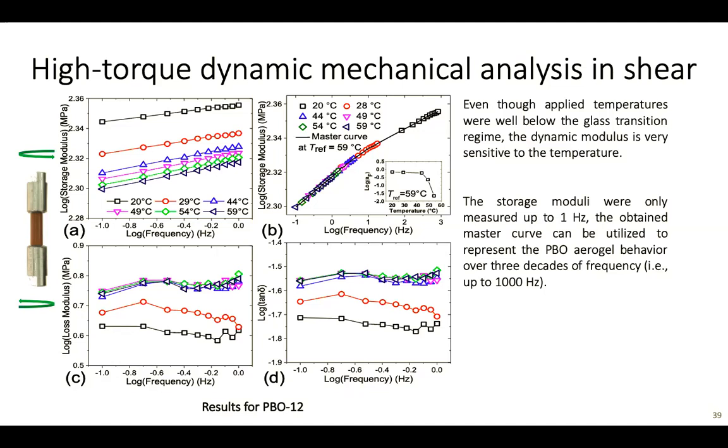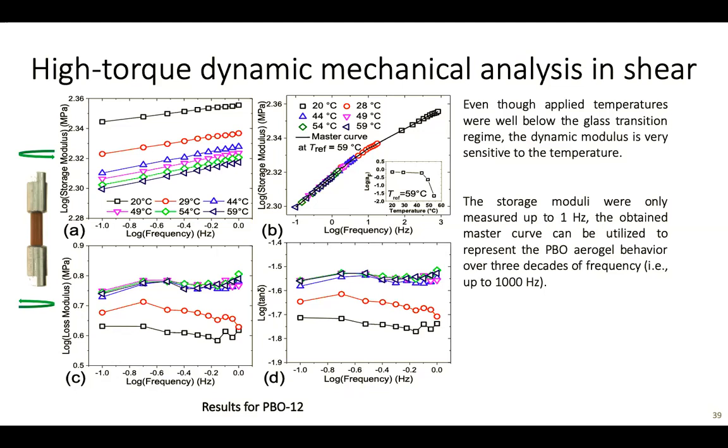Assuming polybenzoxazine is thermorheologically simple, we are able to shift the storage modulus data with a frequency-temperature shift to find the master curve, with a reference temperature of 59 degrees. The reason we did a master curve is that measurements at middle frequencies are really hard.